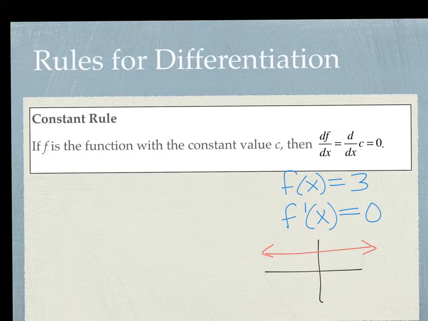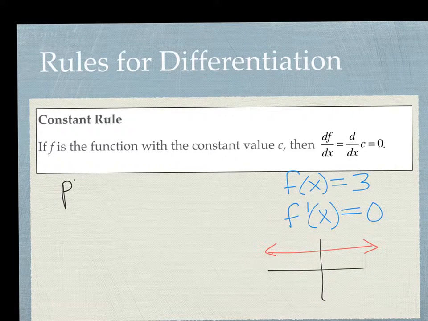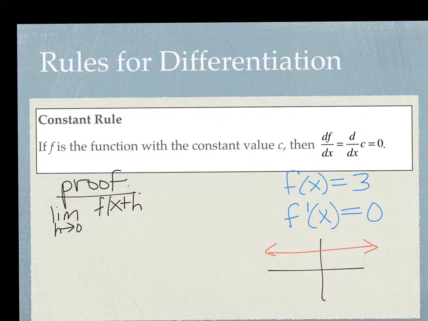The actual proof of it that I think is in your notes, is it there? Yeah, it is. Okay, so it's there, but let me show it to you just by hand. The actual proof is by using that definition. So the definition is the limit as h approaches 0 of f of x plus h minus f of x over h, right? Now, if it's a constant, like f of x equals c, you don't have anything to plug x into.